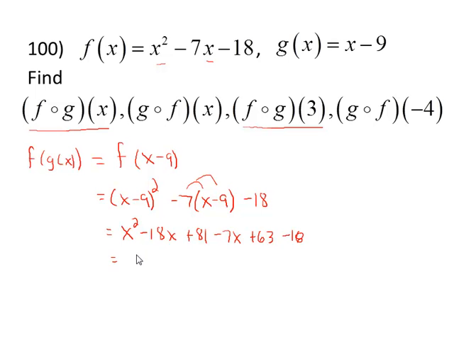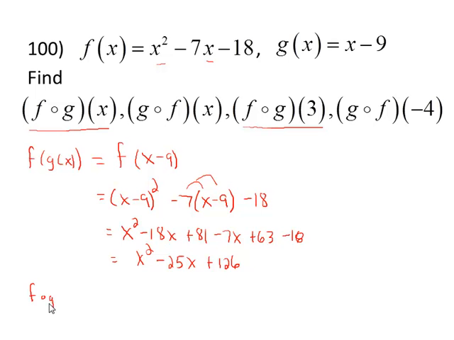Combine like terms. That's going to be x squared minus 18x and minus 7x is minus 25x. 81 plus 63 minus 18. Let's see, 81 plus 63 is 144. Minus 18 is plus 126.